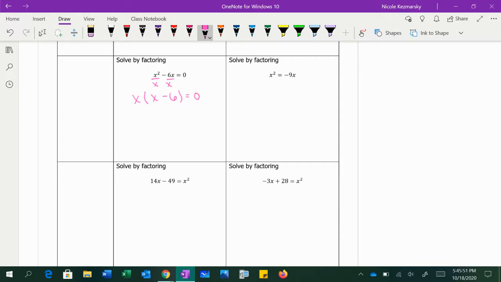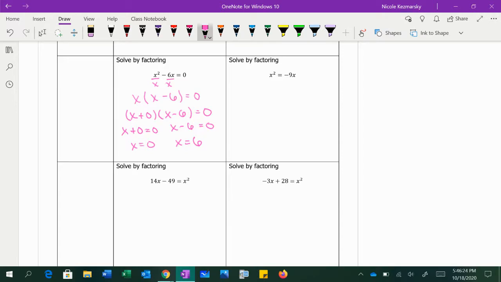X is very similar to some of the other factors we've been working with, except it's x plus 0. So whenever you see an x, it's really an x plus 0 factor. And so we can say x plus 0 equals 0 and x minus 6 equals 0. Subtracting 0, we get x equals 0 and x equals 6.